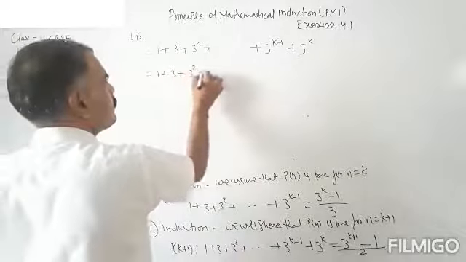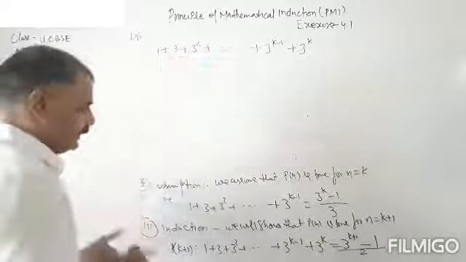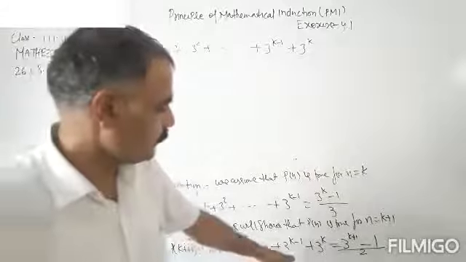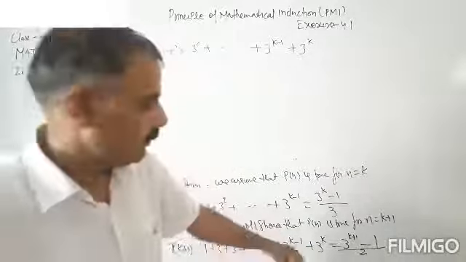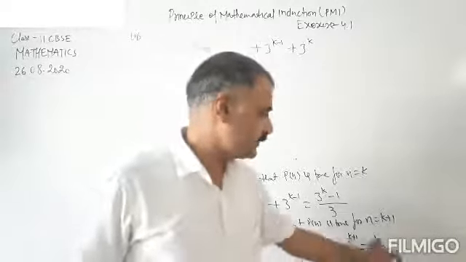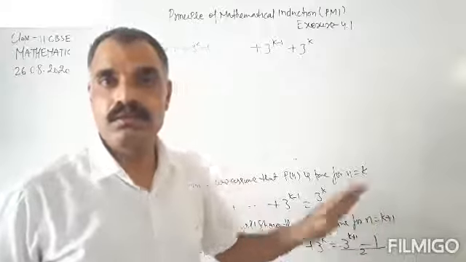This one is the left hand side, and we want to obtain the right hand side, that is 3 to the power k plus 1 minus 1 upon 2.